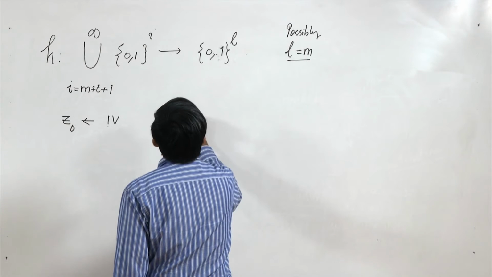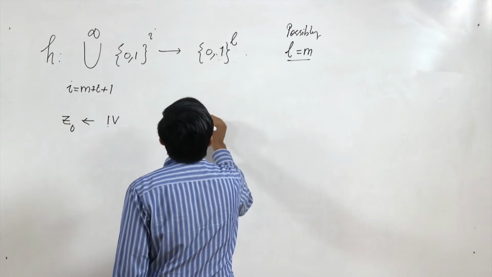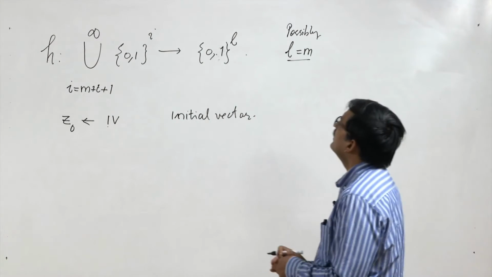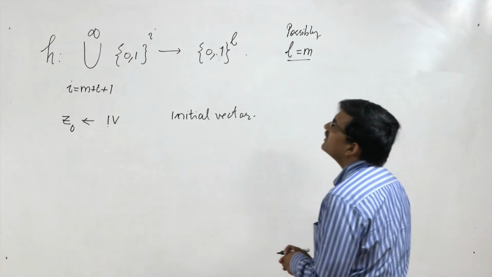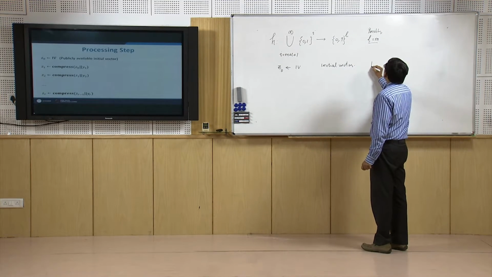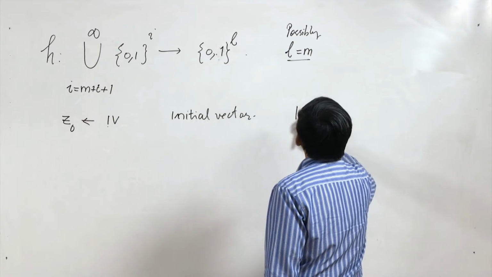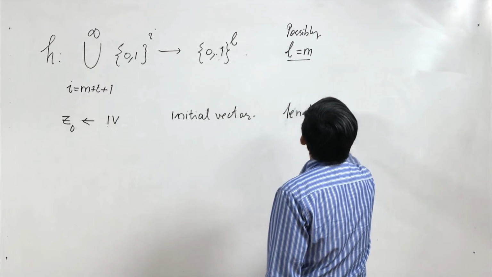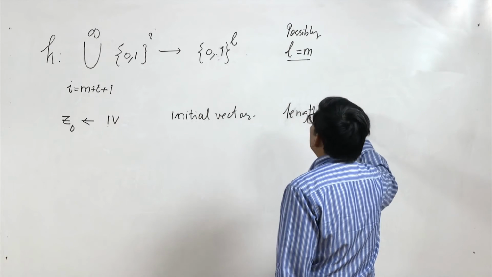It is called an initial vector. This will be available to everybody. The length of iv in bits will be m.